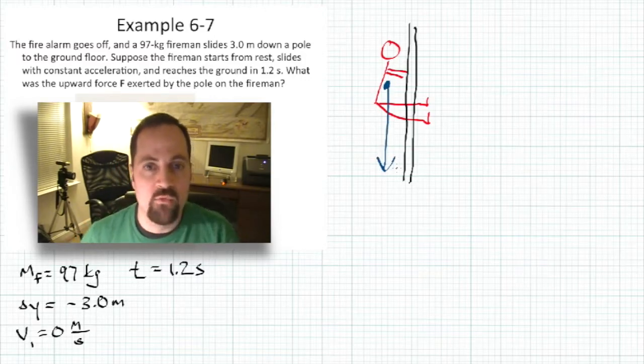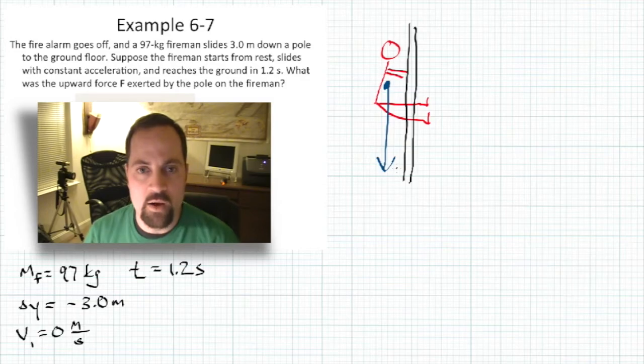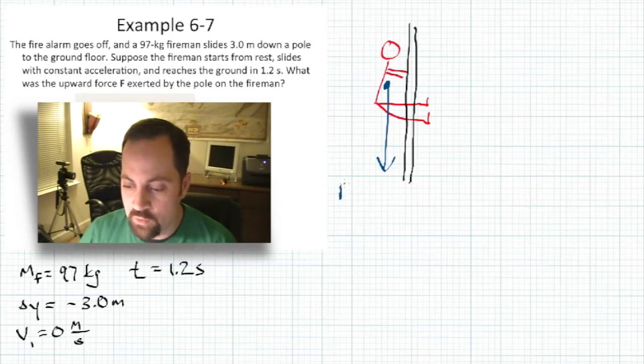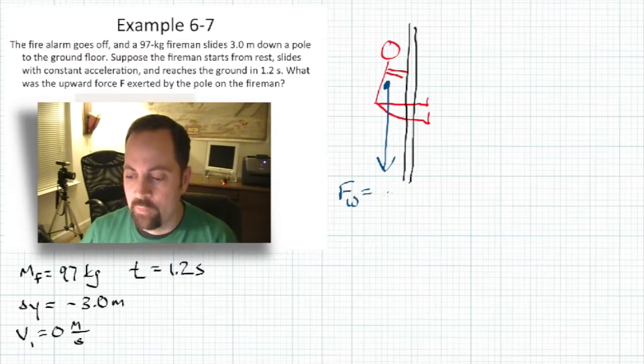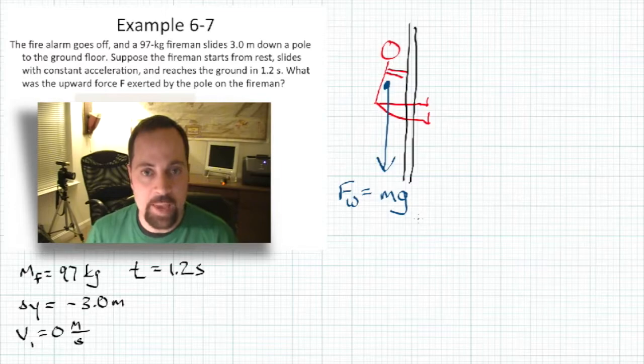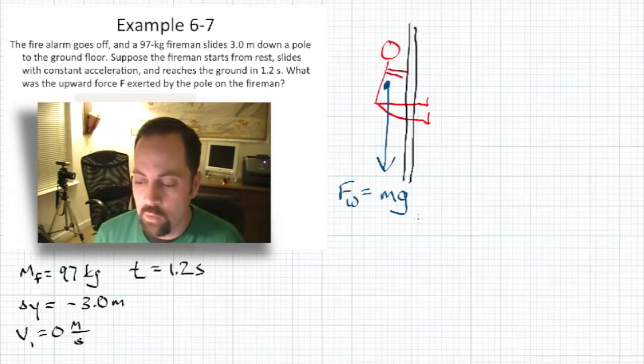So there's a downward force acting on our fireman, and that is his weight force. And what we just said was the weight force can be described as mass times the acceleration of gravity. Okay?